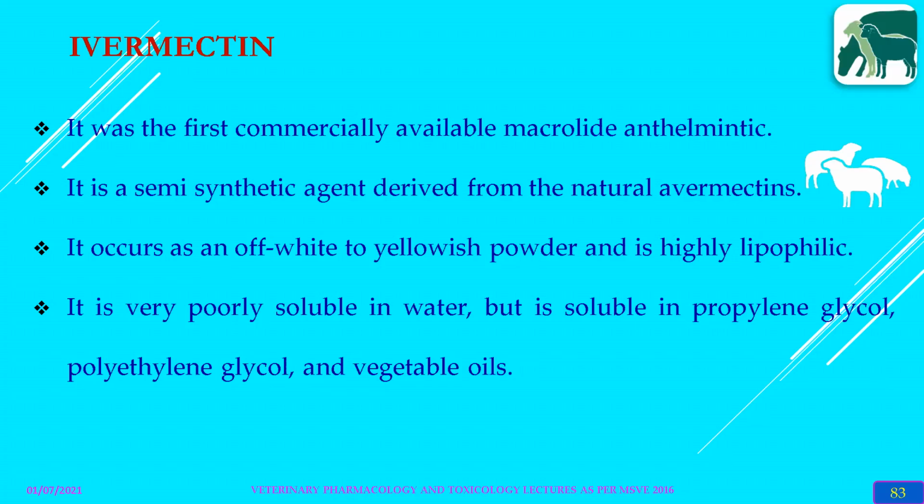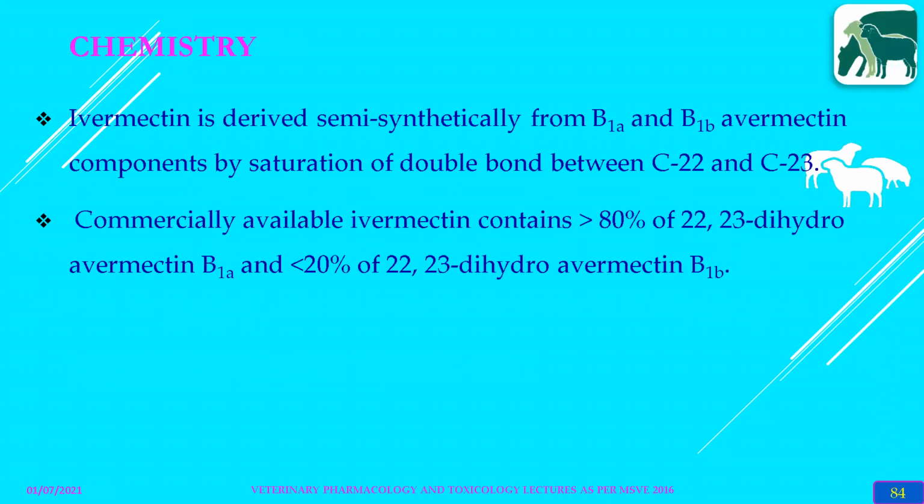The chemistry, as already said, is the semi-synthetic agents B1A and B1B ivermectin compounds, and the clinically available ivermectin contains more than 80% of B1A, and the remaining 20% is B1B.